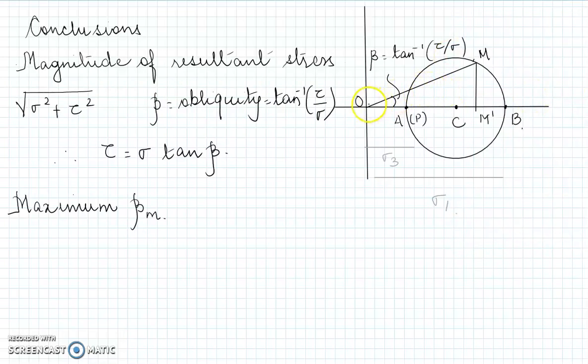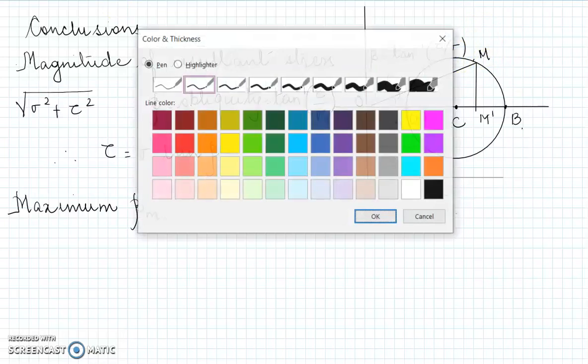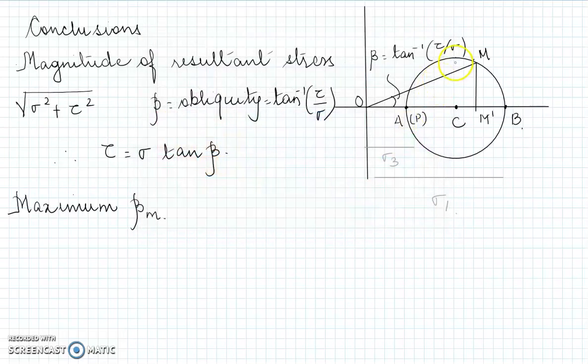See, obliquity is basically you have to draw a line from O, tangential to the circle. So if I have to select a point on top here, if N goes up, will that value be maximum? Let's draw this and understand. If I select this point right on top here, and I connect it, let's draw and see whether this value is going to give me maximum beta.